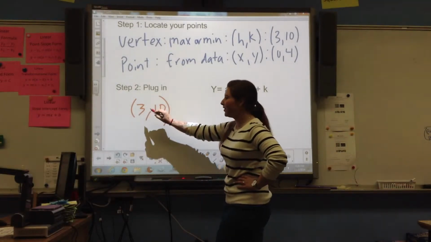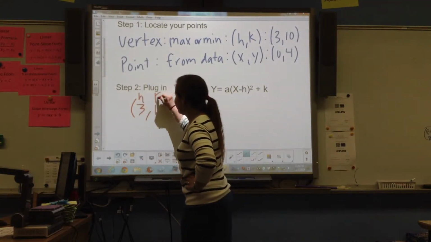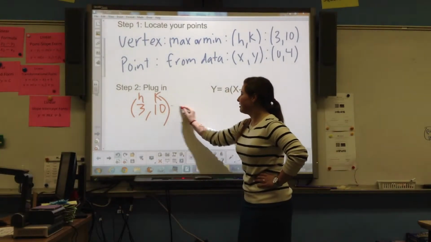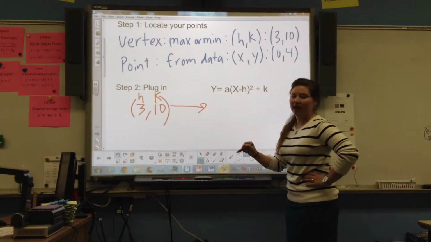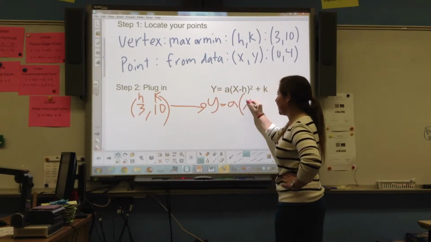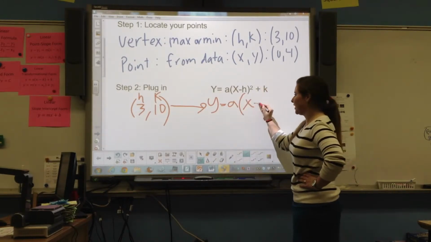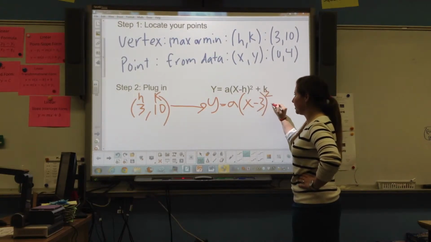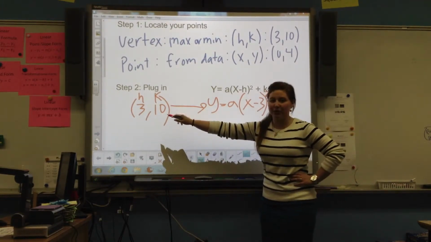Now I remember that my vertex is in the form h comma k. Taking this and plugging it in here, what I'm going to get is y equals a times x minus h, which is 3, squared, plus k, which is 10.